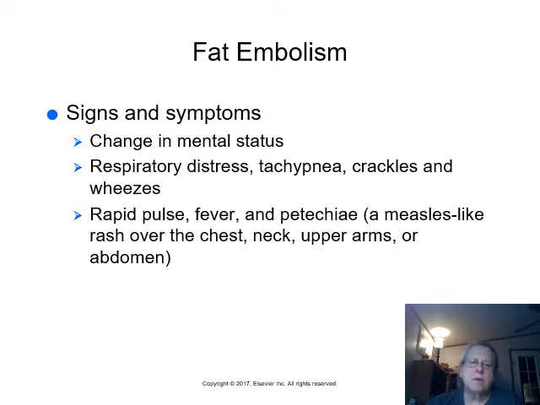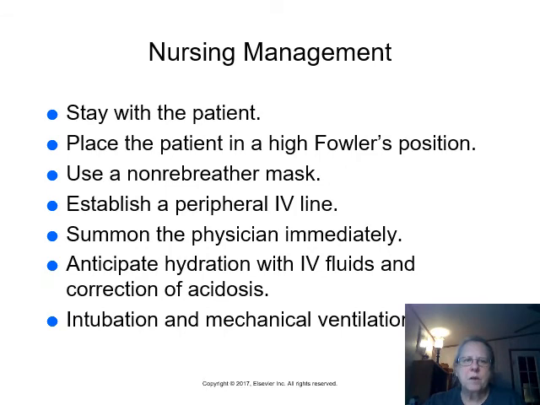The patient may exhibit a rapid pulse, a fever, and some petechiae, like a measles-like rash over the chest, upper arms, and abdomen. Once again, a lot of times this is because of the high pressure in the vascular system causing rupture of the vessels.